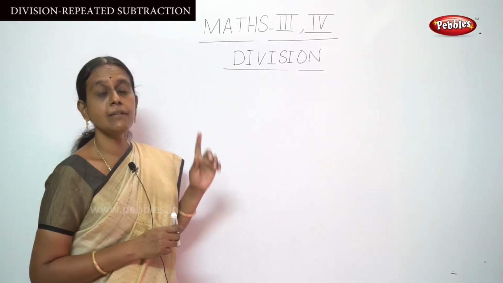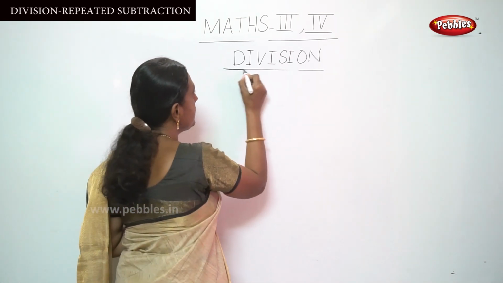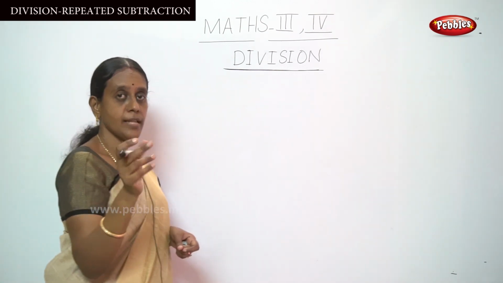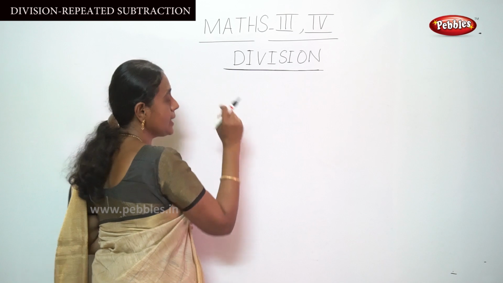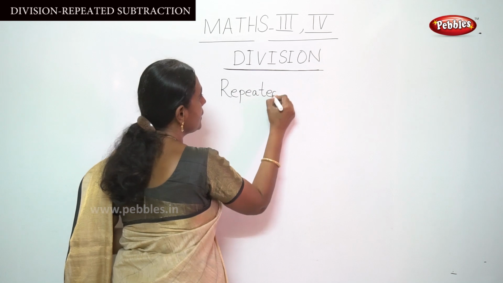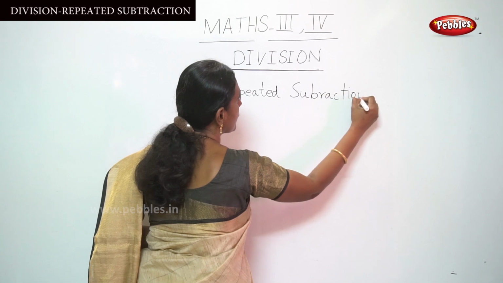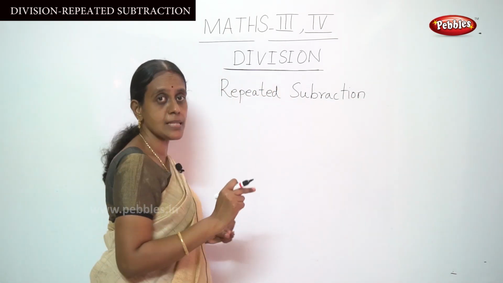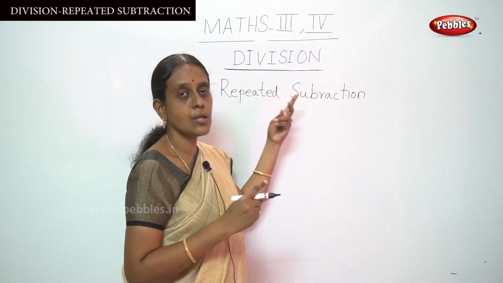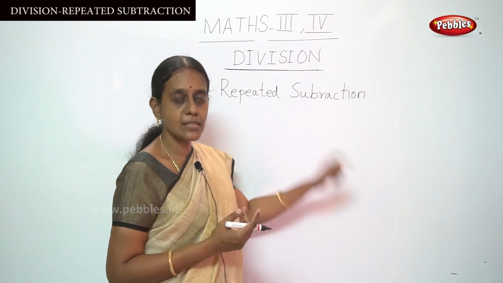In our multiplication topic, multiplication is repeated addition, and in division the term is repeated subtraction. Division means repeated subtraction, and multiplication is the opposite of division.